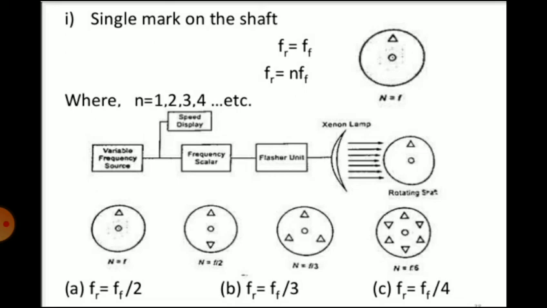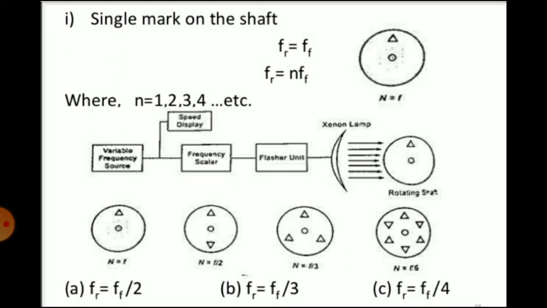Now it can be seen that not only will the stationary pattern be obtained when n equals f, 2f or thrice f, etc., but also for certain values of n which are smaller than f, namely n equals f by 3, 2f by 3, 4f by 3, 5f by 3, etc. So this leads to the conclusion that there is a great possibility of error when using stroboscopic methods.